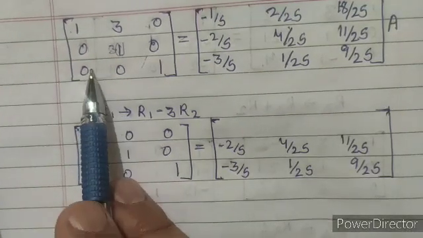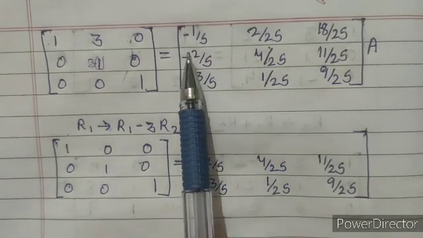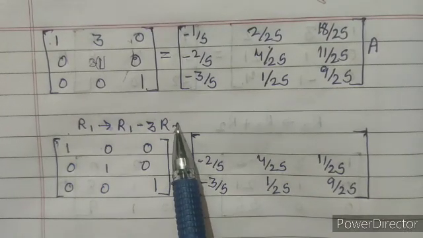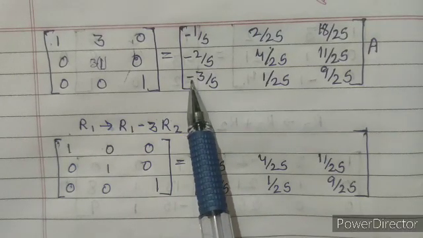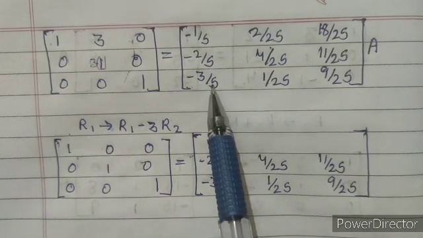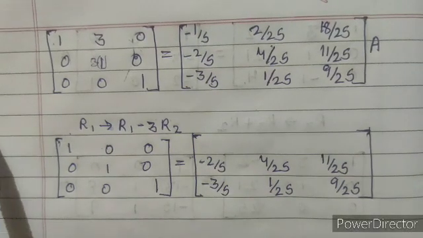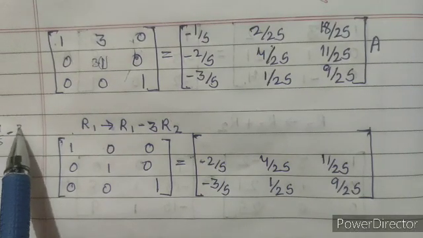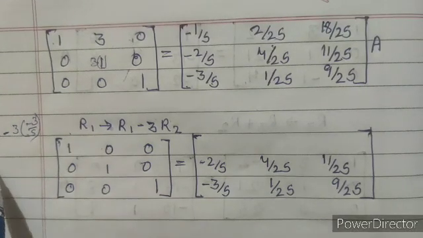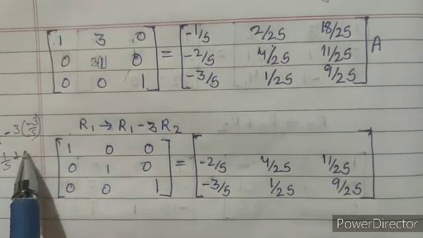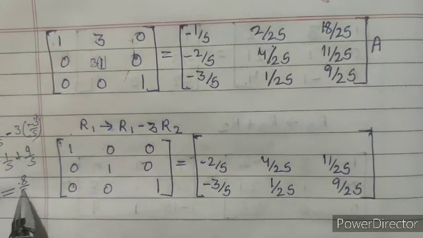On the left hand side we have to change row 1 by row 1 minus 3 into row 2. That means row 1 minus 1 upon 5 minus 3 into minus 3 by 5. So that will be minus 1 by 5 plus 9 by 5, and this will be 8 by 5.